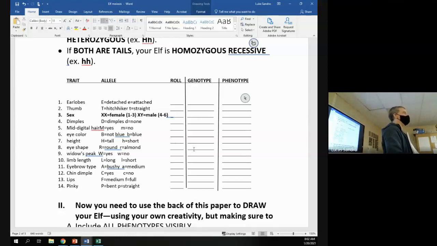You're going to need to be writing in the alleles that your elf parent has on your elf parent's chromosomes, which is this paper I'm about to give you. It's not going to be hard, but you want to look at the example I give so you understand what's going on.